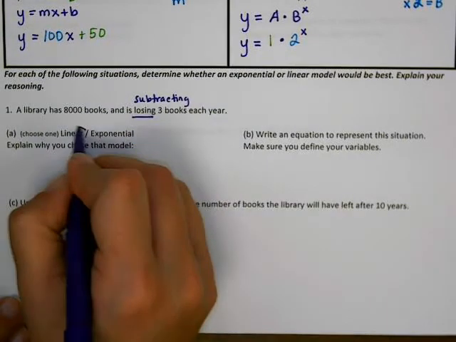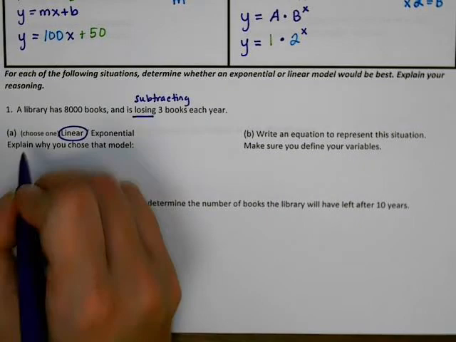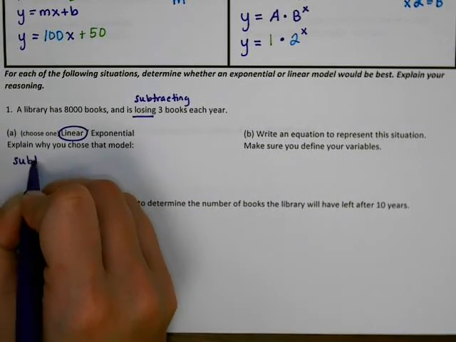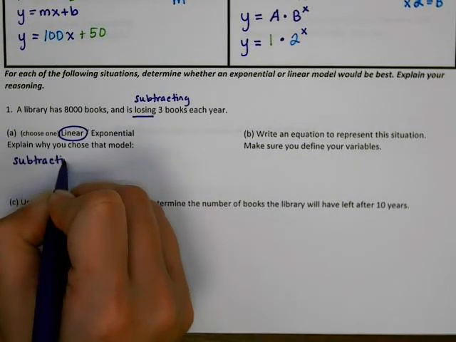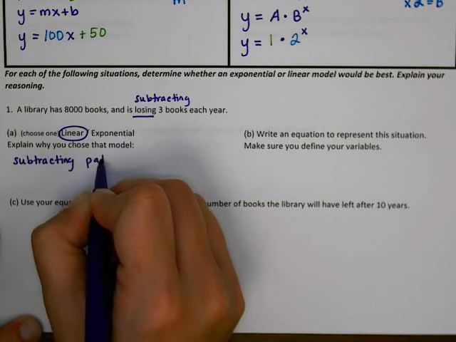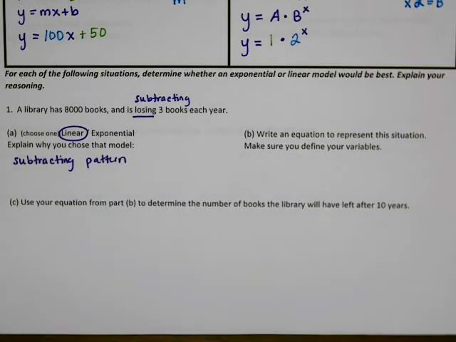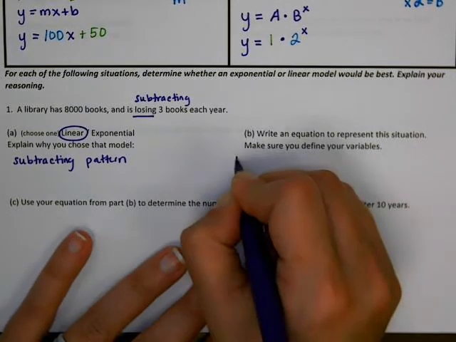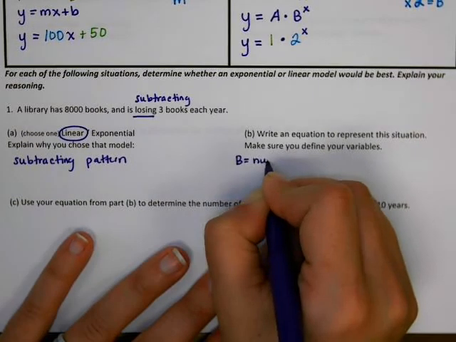So this would be a linear pattern, and we would choose that because we have a subtracting pattern in the problem. Now, we need to define our variables and write an equation to model the situation. Because I'm counting the number of books, I would let b be the number of books.